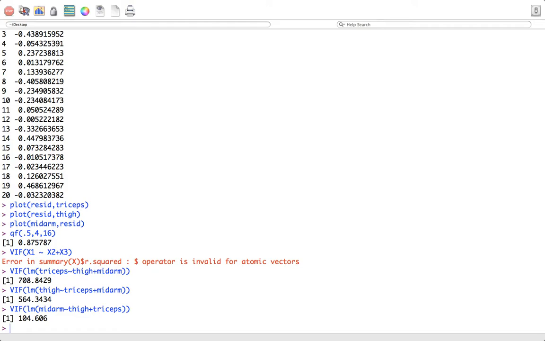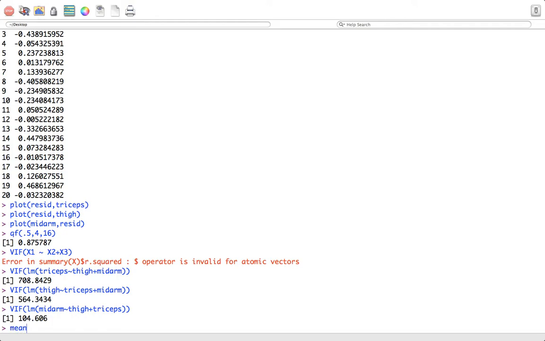considering that the threshold is 10 for serious concerns for multicollinearity from our variance inflation factor, I would say that we got some major issues, don't we?